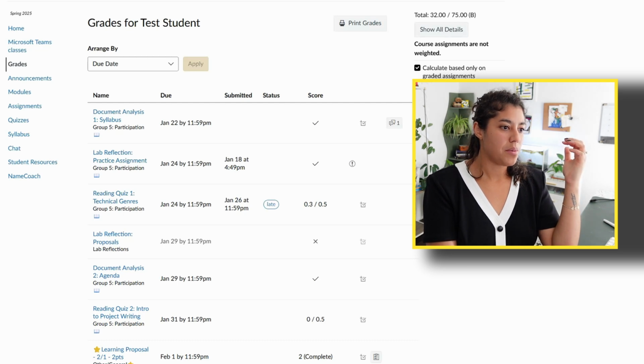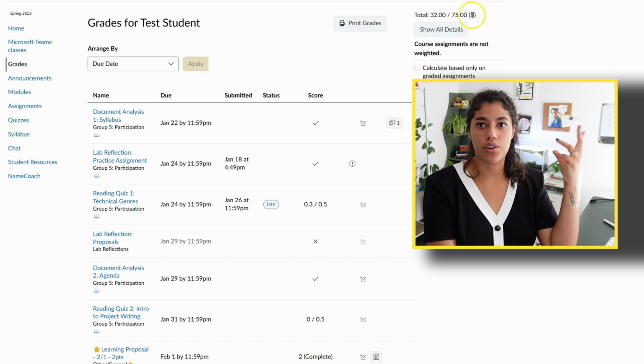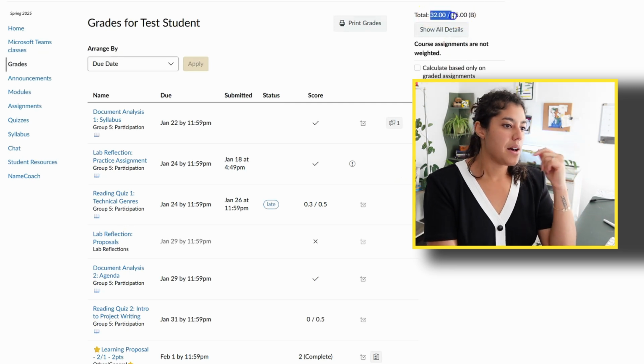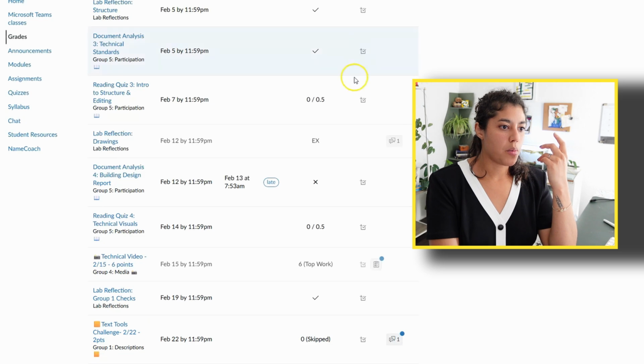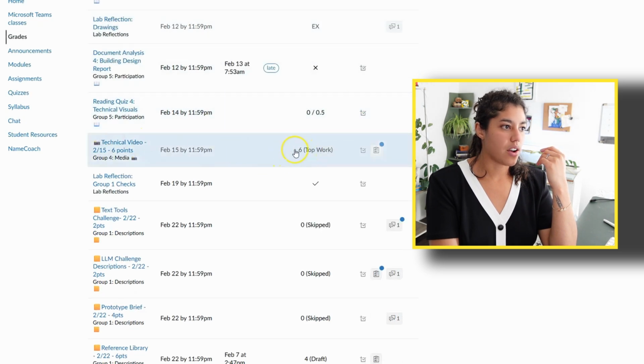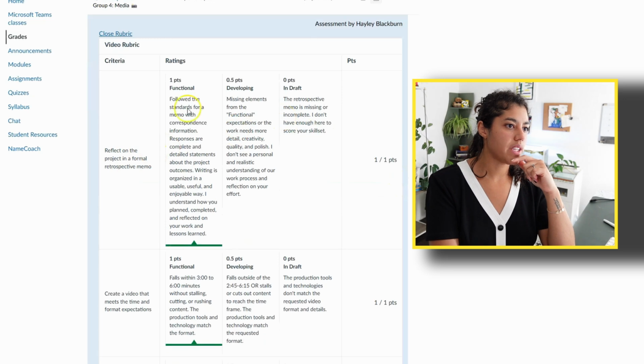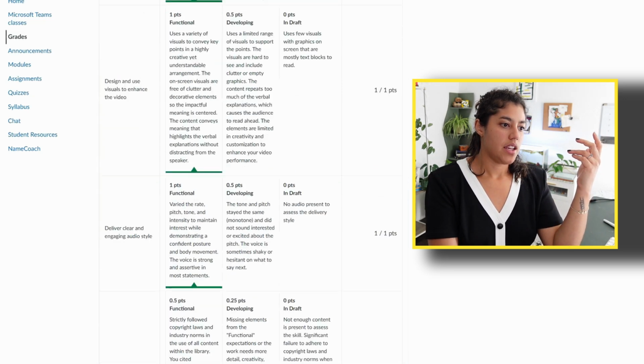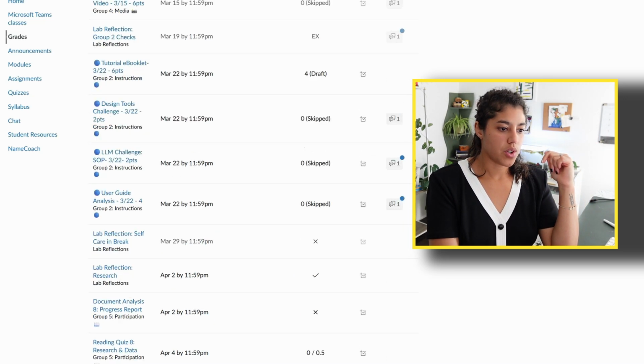But through their grade book, you can see there's 75 total points. My test student account earned 32, so that was worth a B. As we go through, they see, okay, 6 points total, top work, and then they can look back over the rubric for it. As they scroll down to the bottom, they can see their point totals overall.